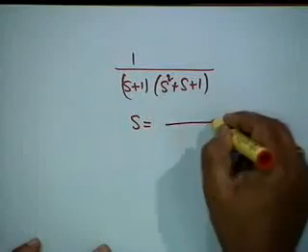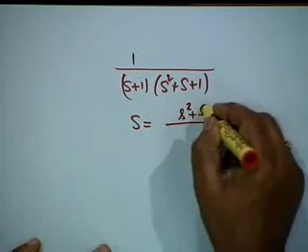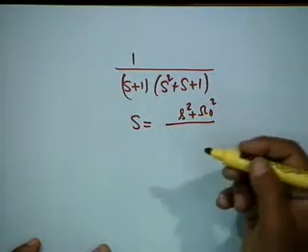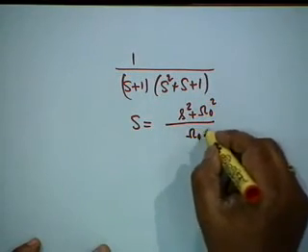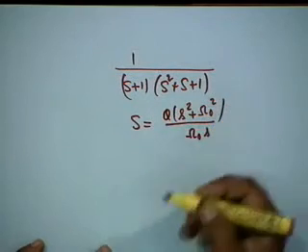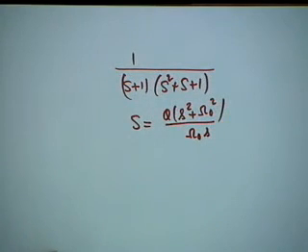All that you have to do now, if you know the specifications of the band pass filter, is to replace capital S by s squared plus omega naught squared divided by omega 0 s, times this. All that you have to do is this.